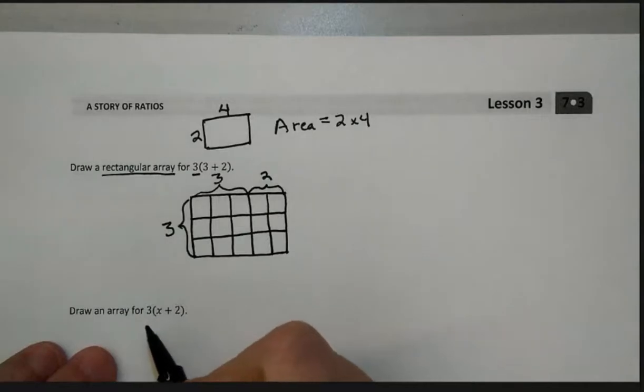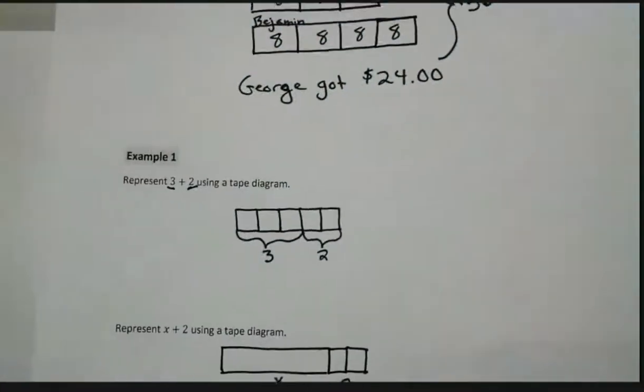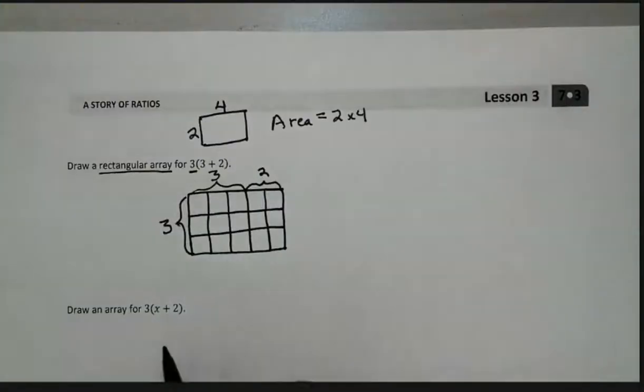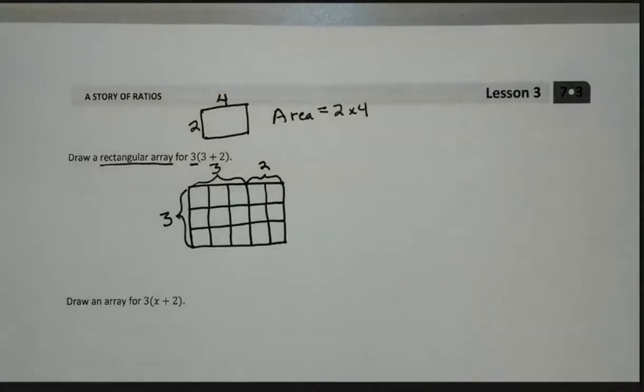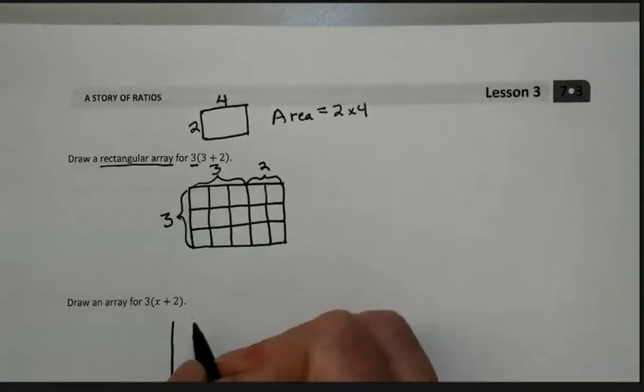Now we're going to do kind of the same thing we did on the other page. We're taking this to the next level. We're showing a rectangular array. It's still got 3 down the sides.